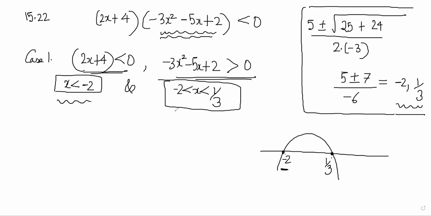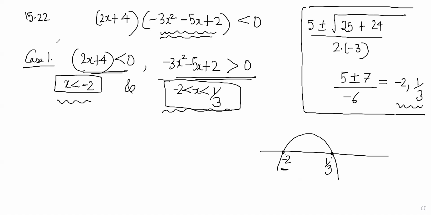How can both these things happen at the same time? No, they can't. It's not possible. Why is it not possible? Because if x is less than -2, how is it going to be greater than -2?